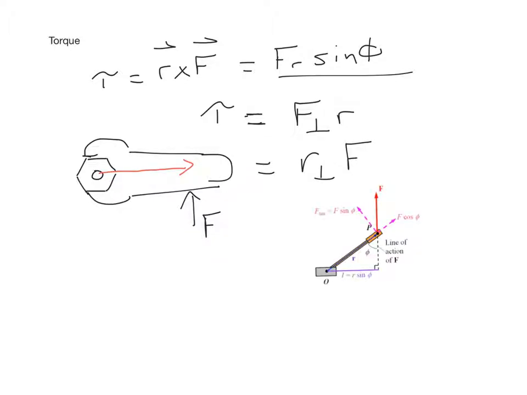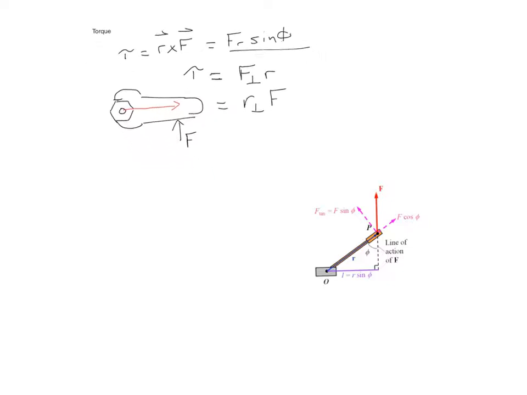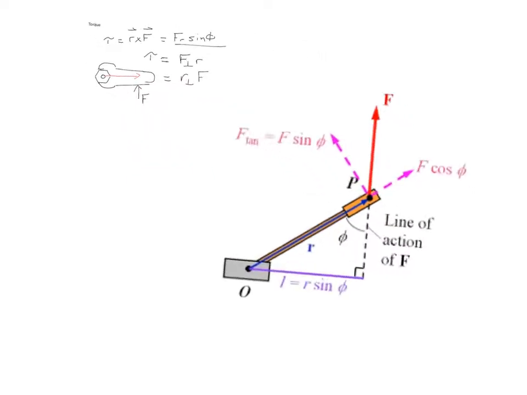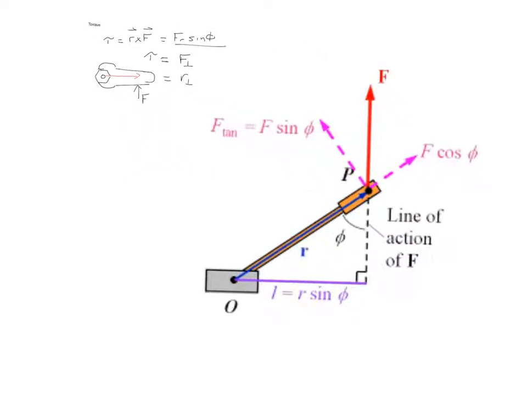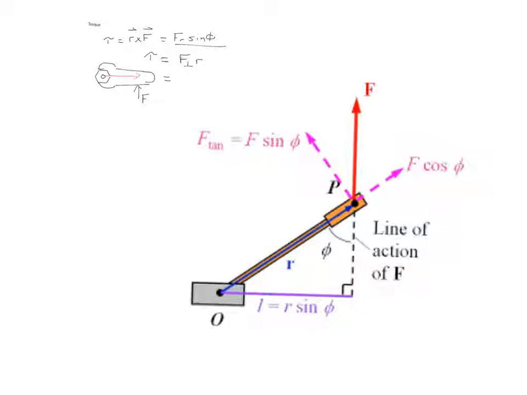For the case of the force being perpendicular to the radial distance, if we look at this image here, the force is being directed at some angle, that's the applied force, at some angle with respect to that radial distance.